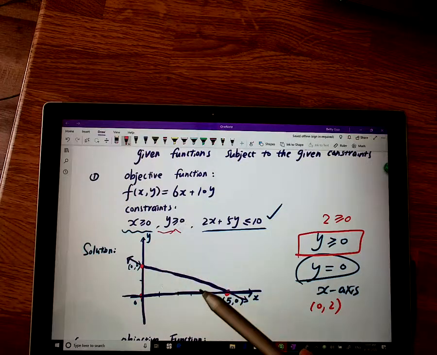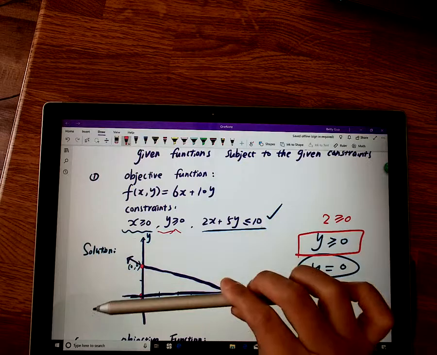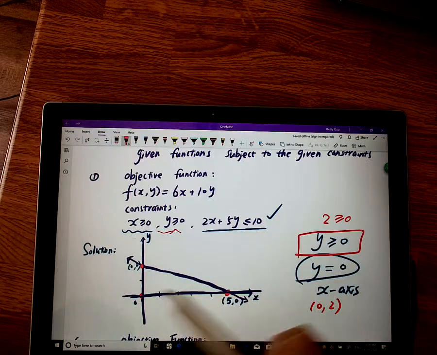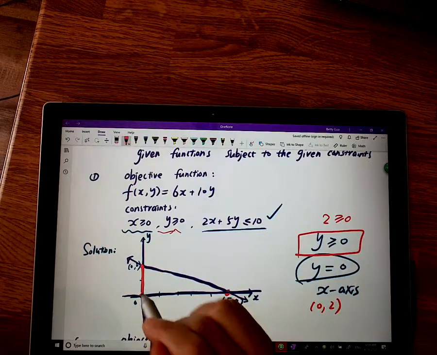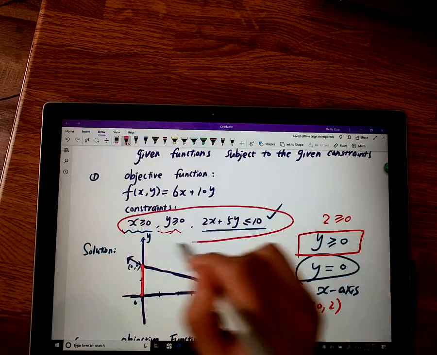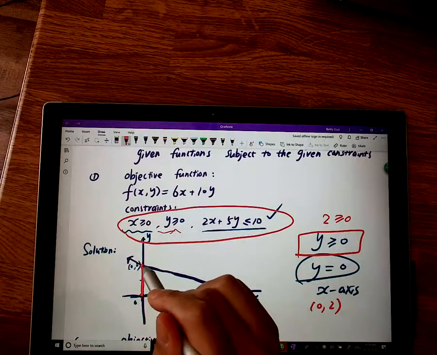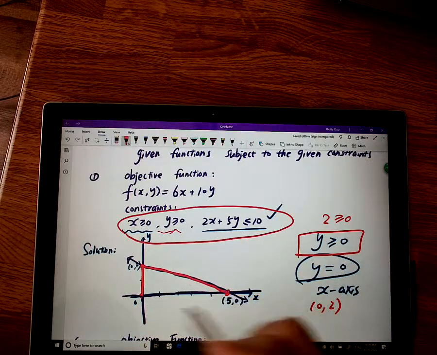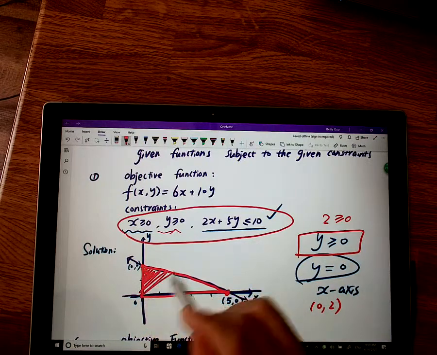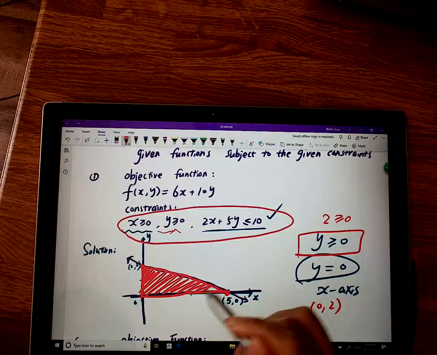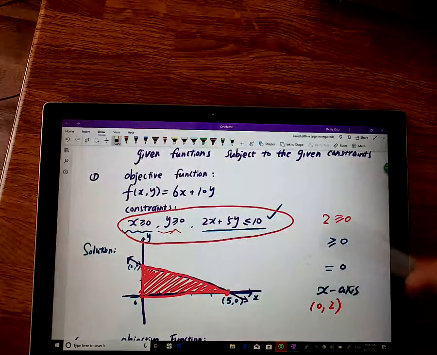For y bigger than or equal to 0, the whole half plane above the x-axis, including the points on the x-axis. So if we graph the solution set of the system, that's a system, right? The system includes all three inequalities. The feasible region is this triangle region, including the boundary. That's the first step.